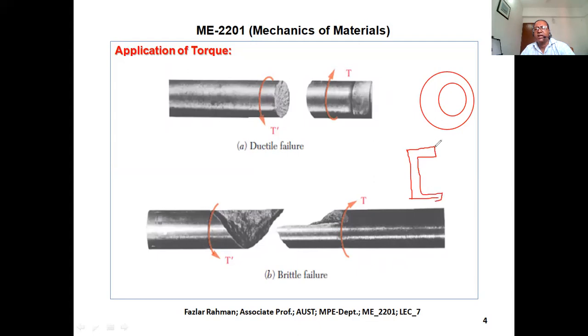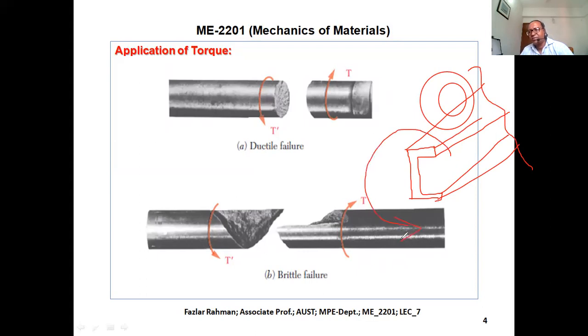This bar might experience torque. Say this side is attached to something, and you apply torque. In that case, what will happen? For example, an aircraft wing will have this kind of shape.